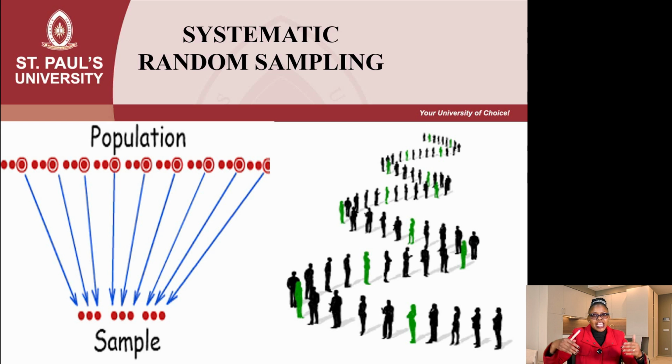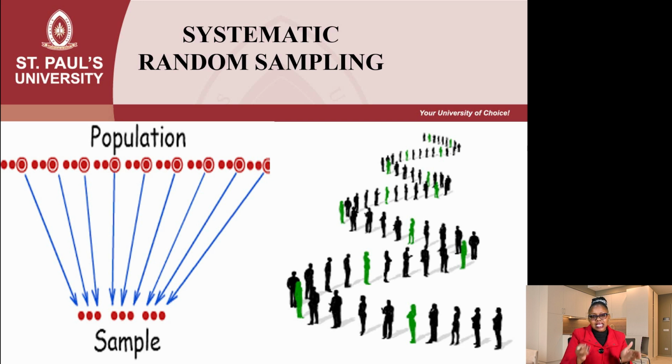So you can work with every 5th person. You can work with every 10th person. You can work with every 12th person. For example, 1, 2, 3, 4, 5, 6, 7, 8, 9, 10, 11, 12. So the 12th person will form part of the sample. Then you start counting again until you go to the last person in the population.